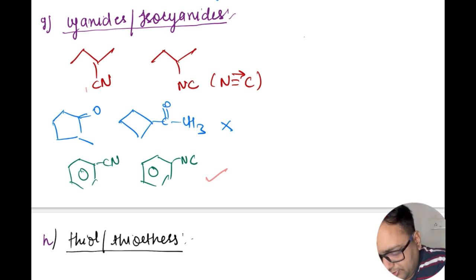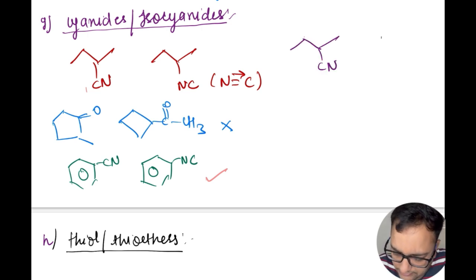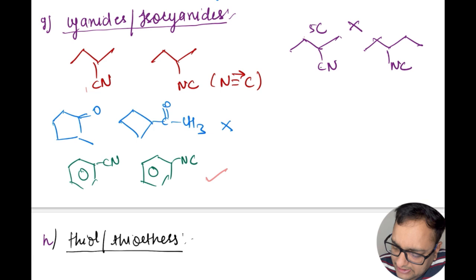So cyanide and isocyanide, these are the functional isomers. I was talking about another example. If you have this CN and this NC, these are not functional isomers because 1, 2, 3, 4, 5 carbon here in the first case, and in the second 1, 2, 3, 4, 5, 6 carbon. So obviously the molecular formula is different, and they could not be put into the category of isomers.